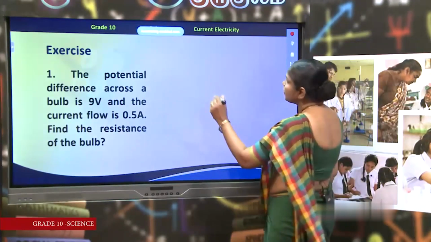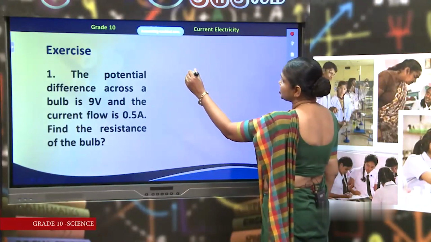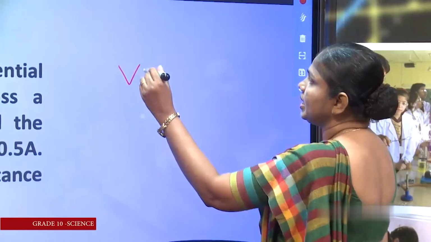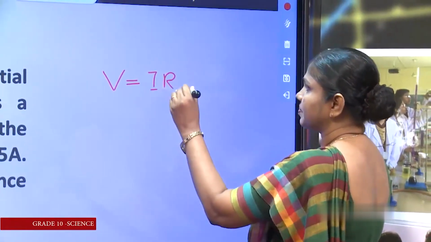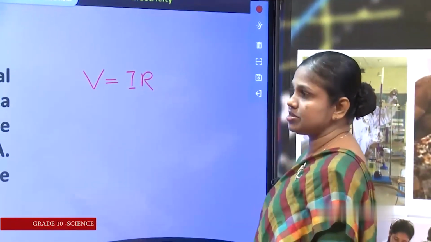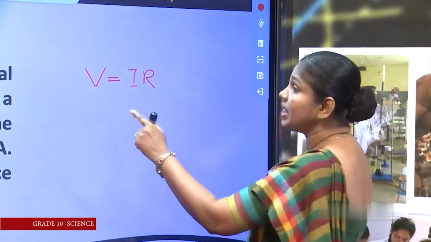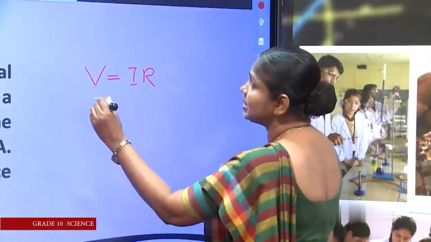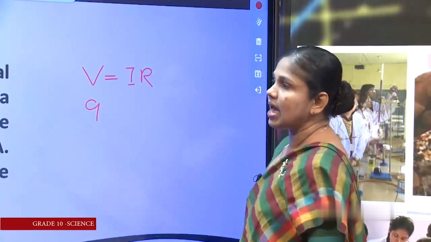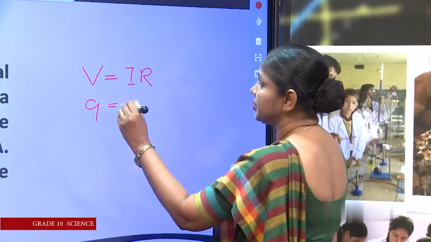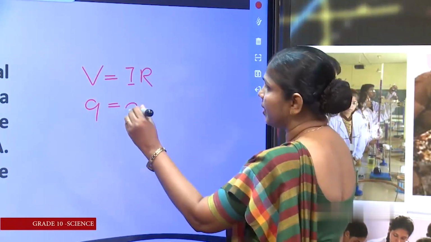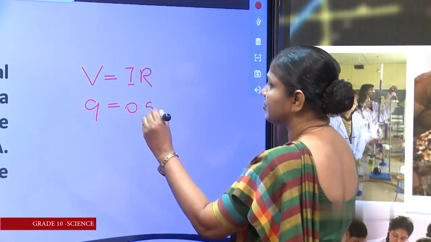First you must write the equation V equals IR. Now, what is the potential difference? V is given to you as 9 V. And then current flow I is also given to you as 0.5 amperes.